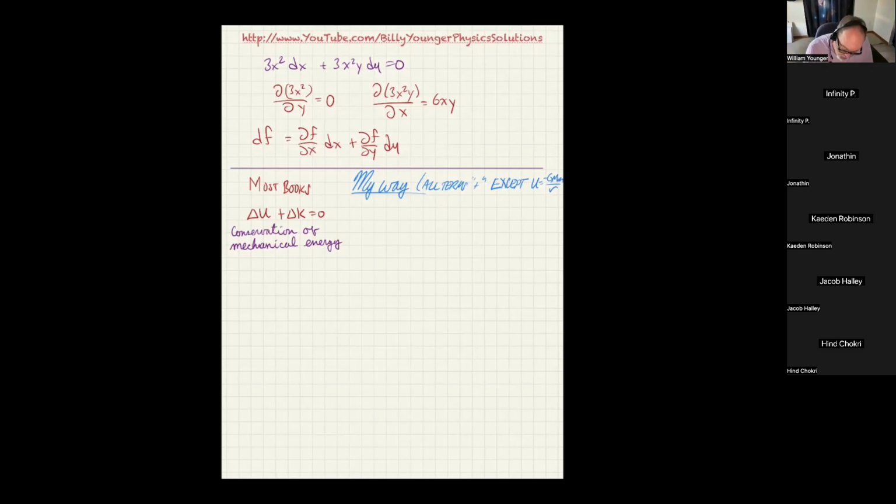So what I do is I write work in plus potential energy initial plus kinetic energy initial is equal to work out plus potential energy final plus kinetic energy final plus E loss. Okay. And this is my version of conservation of energy. And it's not really just conservation of energy. By adding the work in term and the work out term and the E loss term, that gives me 3 spots where I can take in certain types of energy.